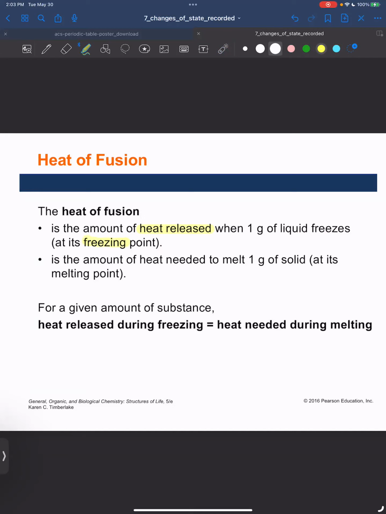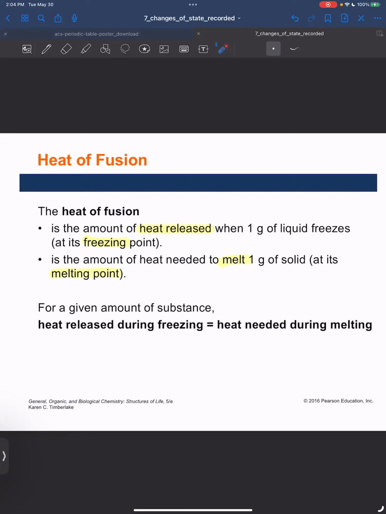Heat of fusion is also the amount of energy needed to melt 1 gram of solid at its melting point. So that heat energy is absorbed when we're melting. For a given amount of substance, heat released during freezing is equal to the heat absorbed for melting.